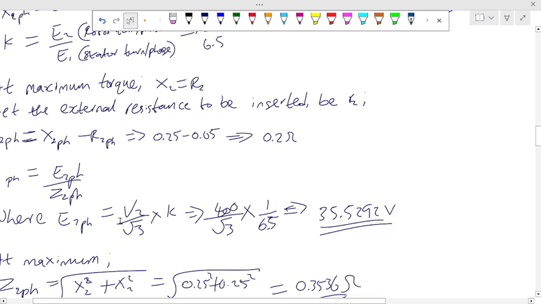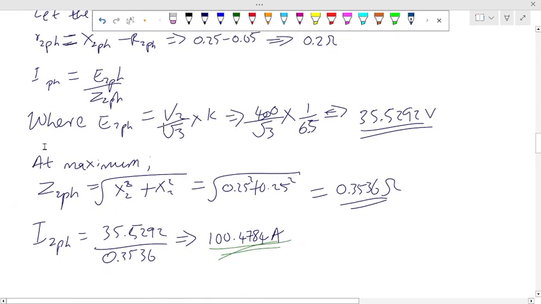So in order to get E2, we multiply V2 by the transformation ratio, and to get a single phase, we divide it by 3. So that's what's happening here.